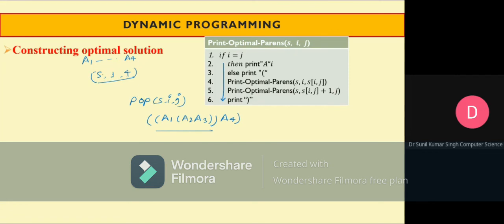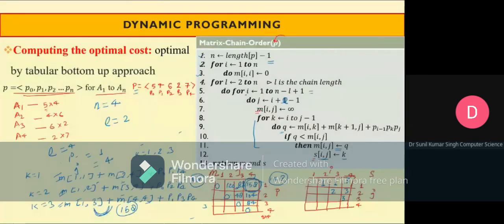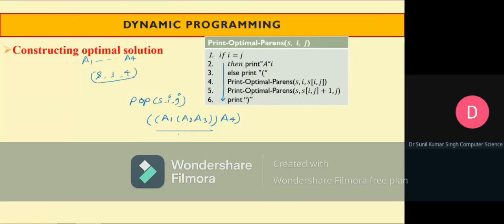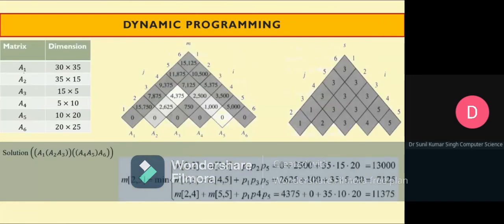And Sij is given in the previous slide. Sij is this one. If you apply this, then you'll get this sequence, and it is going to be the optimal solution of the problem. Look at this example. It is given in the book.